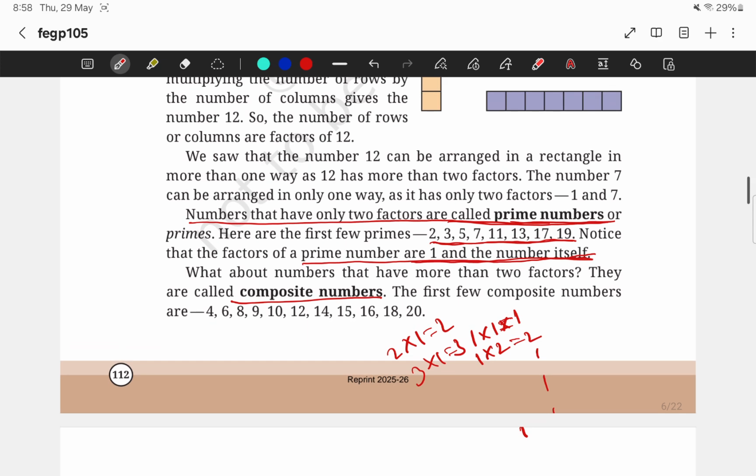And the rest of all the numbers are known as composite numbers. So 4, 6, 8, 9, 10, etc. These numbers are composite numbers.